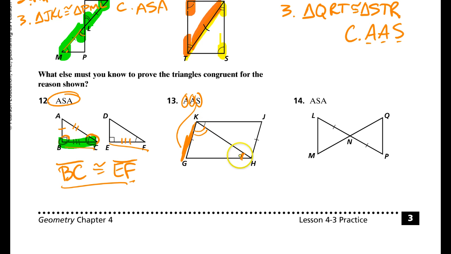There's 2 arc marks. And then talk about this side. Or could I go the other way? Could I use the angle that they gave me? And what if I knew something about this angle and then move to that side? Either way is okay. So you can have 2 correct answers here for number 13.